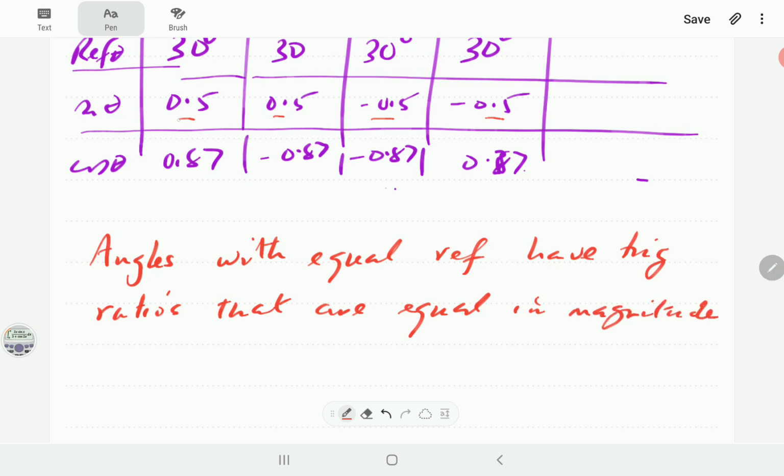So for instance, if it's 0.5, all of them are going to be 0.5, but some of them are going to be negative. All right, let's look at some examples before we go to the next section.